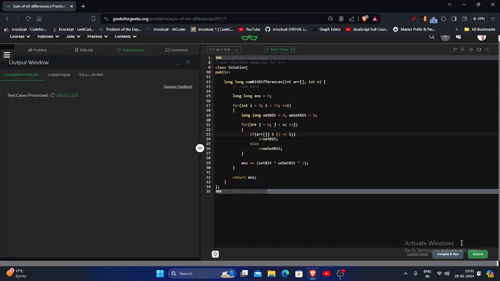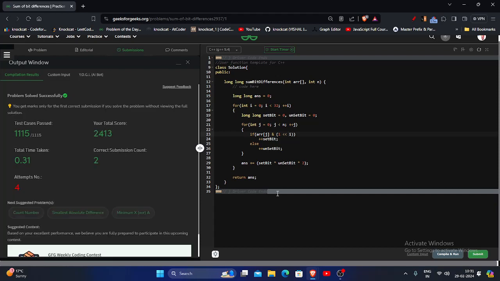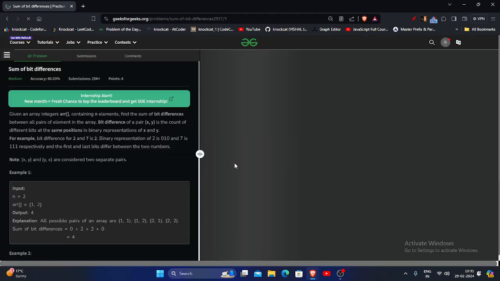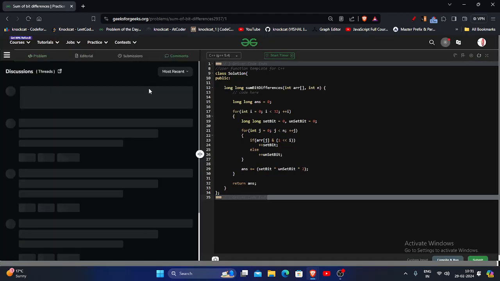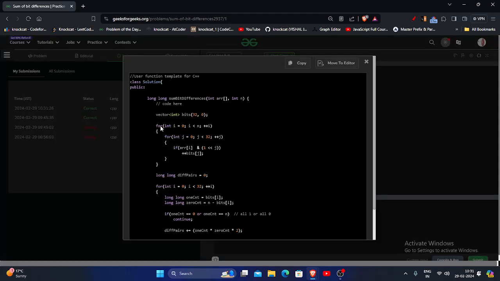I know the previous codes that I showed you may seem a bit longer, but the motive behind explaining this code is that this piece of code you are going to use for many problems in future: how you maintain a bit array that is actually keeping the count of set bits at each position for all numbers.